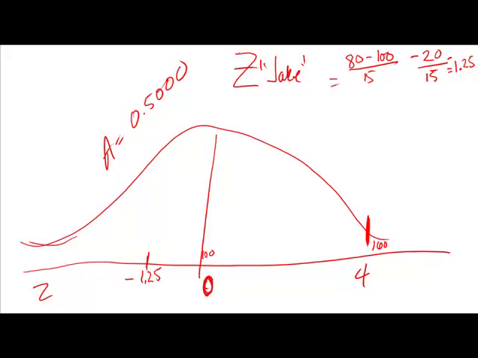Negative 1.25 gives us an area of 0.1056. What's the area on this side of Jake's score? So what proportion of the people scored higher than Jake? Hmm?